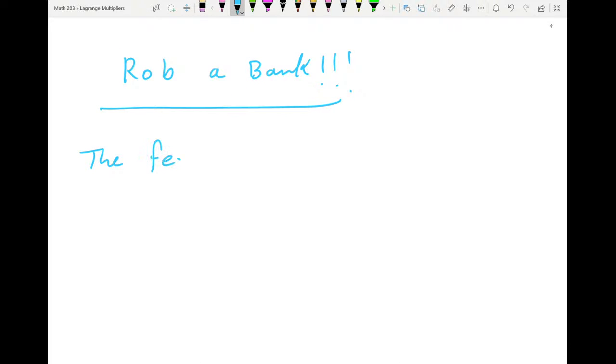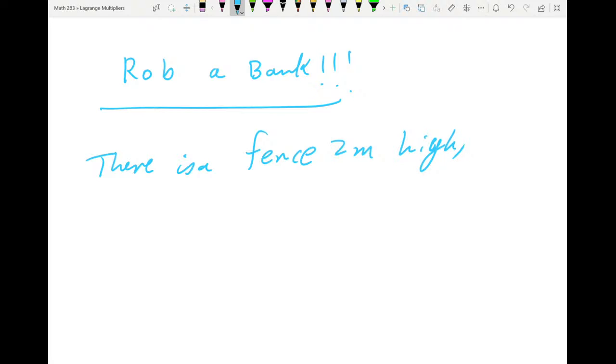The fence. There is a fence 2 meters high, because we're in Europe, we use the metric system. The US system is stupid. So I'm making an international crime?